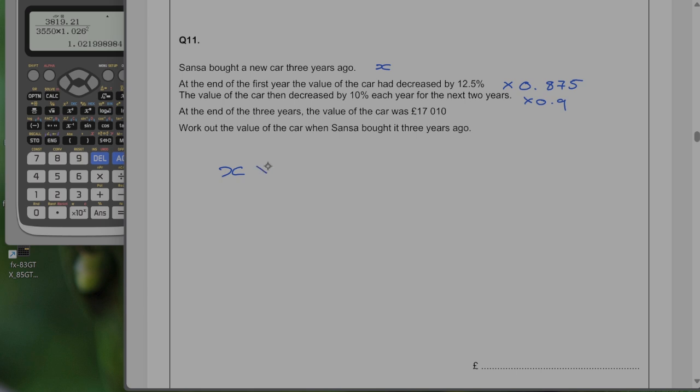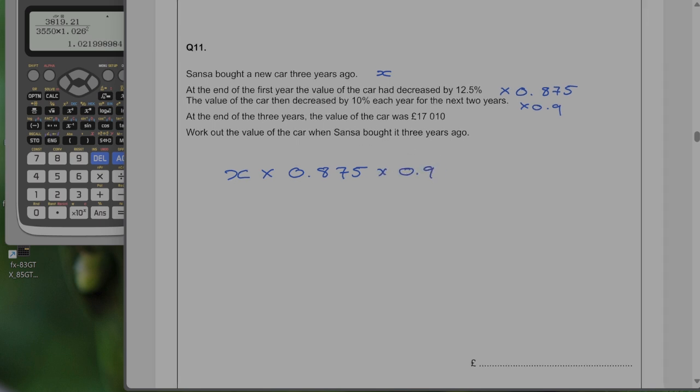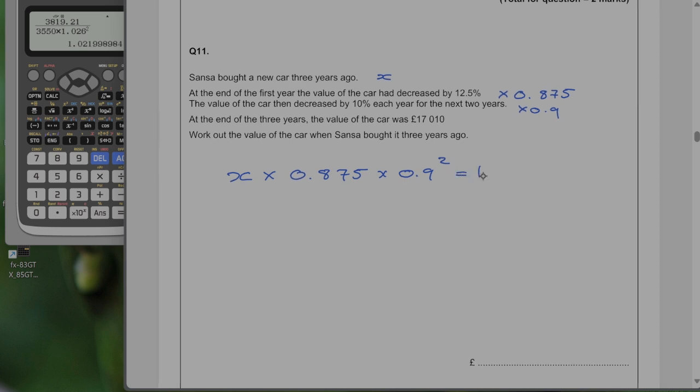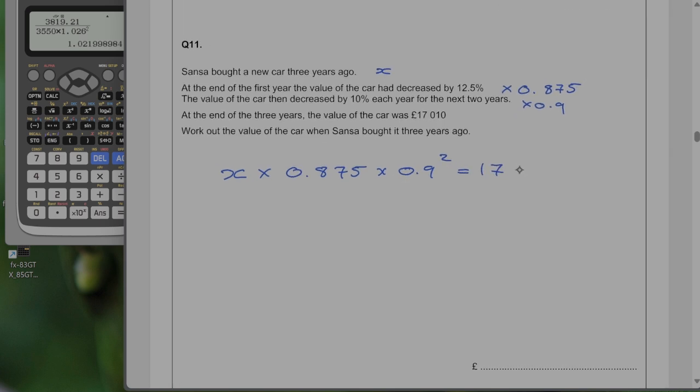So x times 0.875 times 0.9 squared, because we're doing it over a 3-year period, is equal to £17,010.